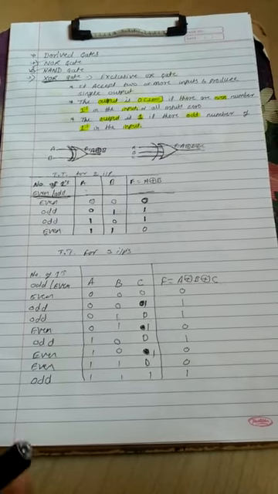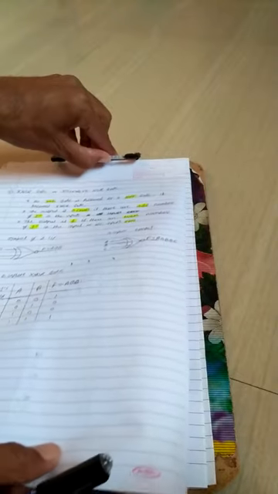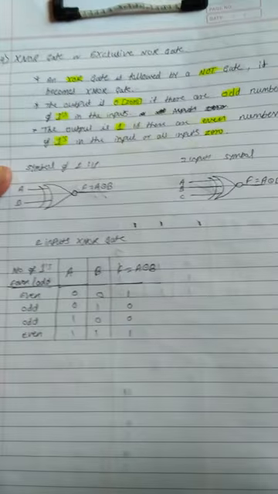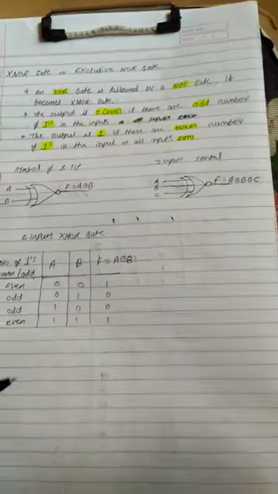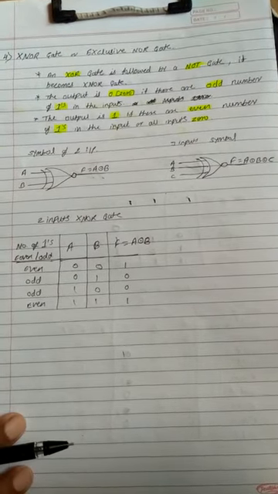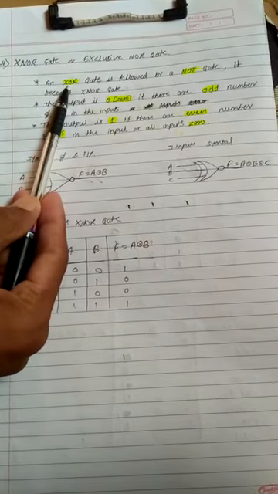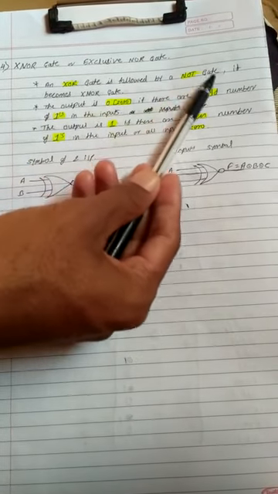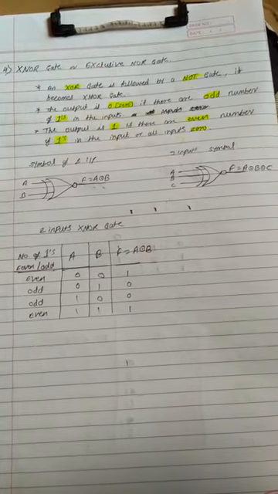Okay. Now we shall move to the fourth and last one, the XNOR gate. XNOR gate means exclusive NOR gate, as the name itself implies. An XOR gate followed by a NOT gate becomes an XNOR gate.